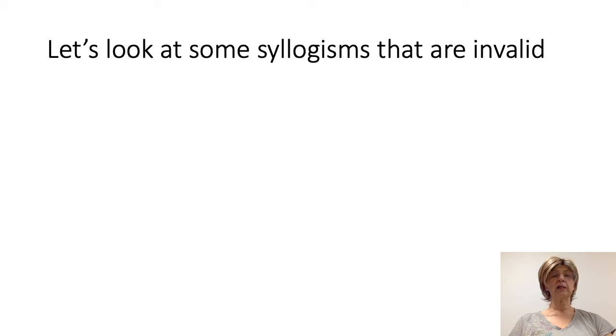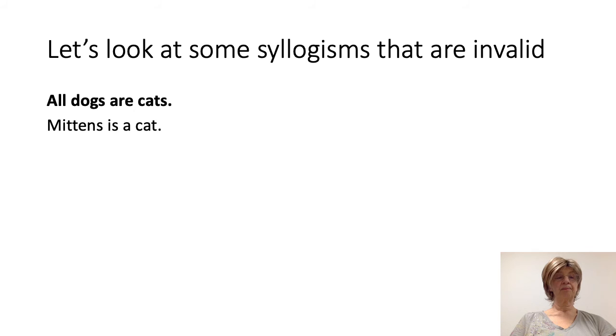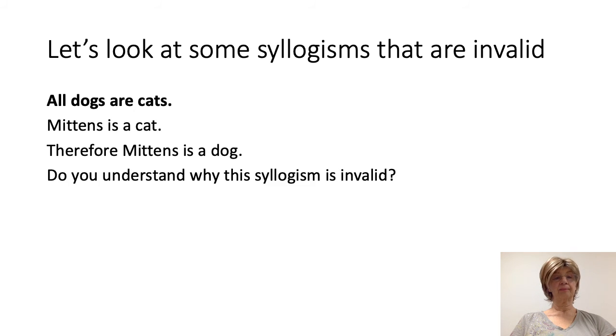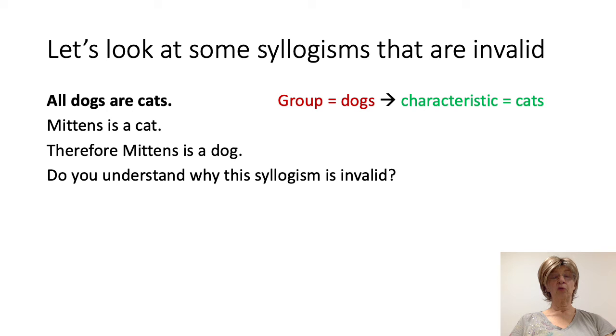Let's look at some syllogisms that are invalid. All dogs are cats. Mittens is a cat. Therefore, Mittens is a dog. Do you understand why this syllogism is invalid? Group equals dogs, characteristic equals cats. Individual has the characteristic.